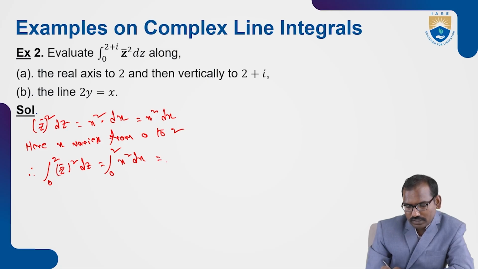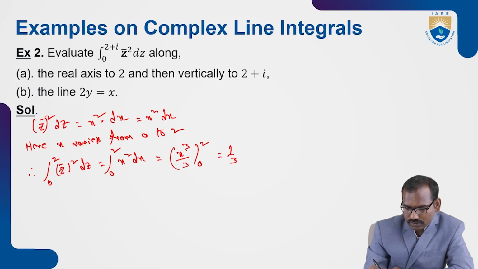So this is simply x cubed by 3, and x varies from 0 to 2. This is 1/3 into 8 minus 0. It is simply 8 by 3.